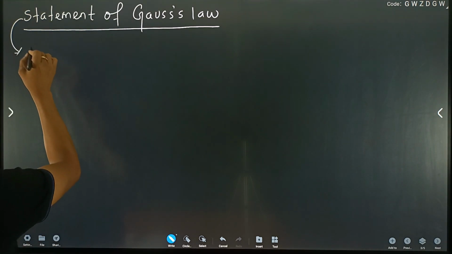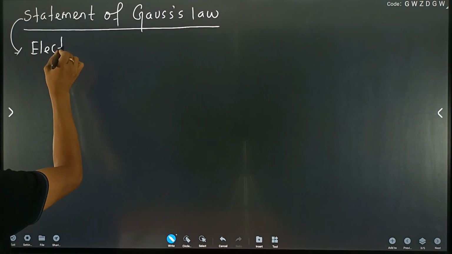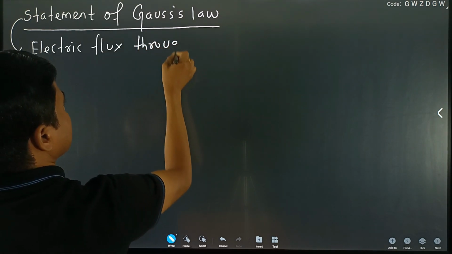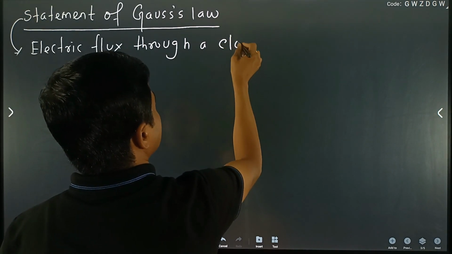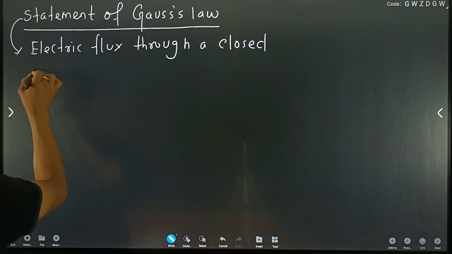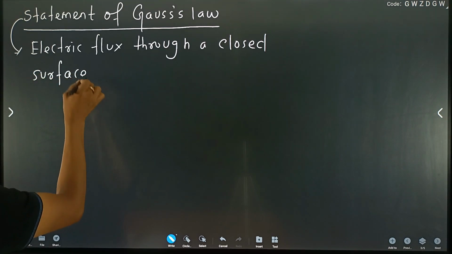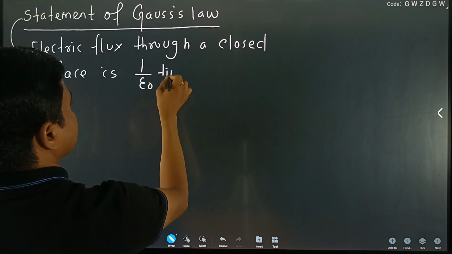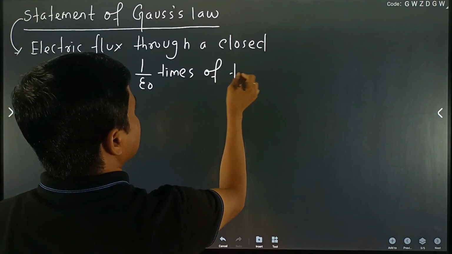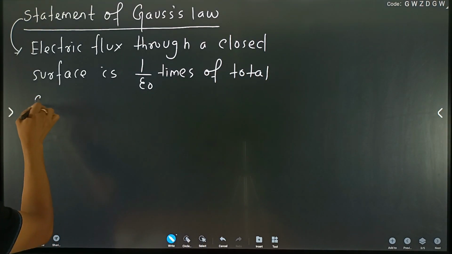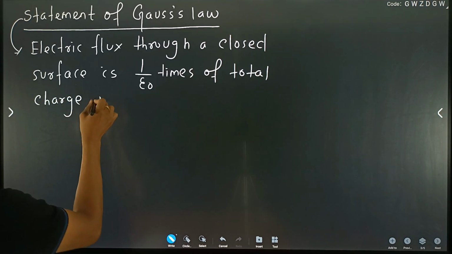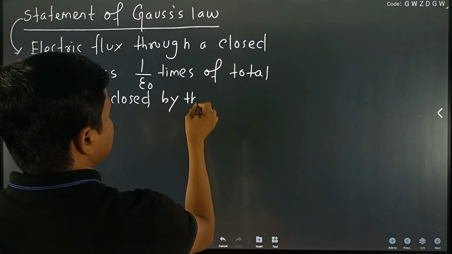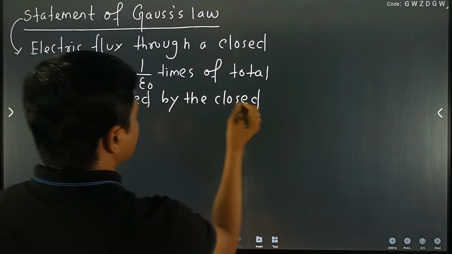Simply we write: electric flux through a closed surface is 1 by epsilon 0 times the total charge enclosed by the closed surface. Clear?